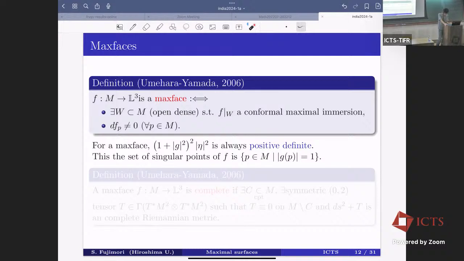Singularity occurs at points of M minus W. They allowed some singularities, but they also required that the derivative of F is non-zero. If the point is an immersion, then the rank of DF is 2. So they allow the rank of DF to be 1, at least 1.